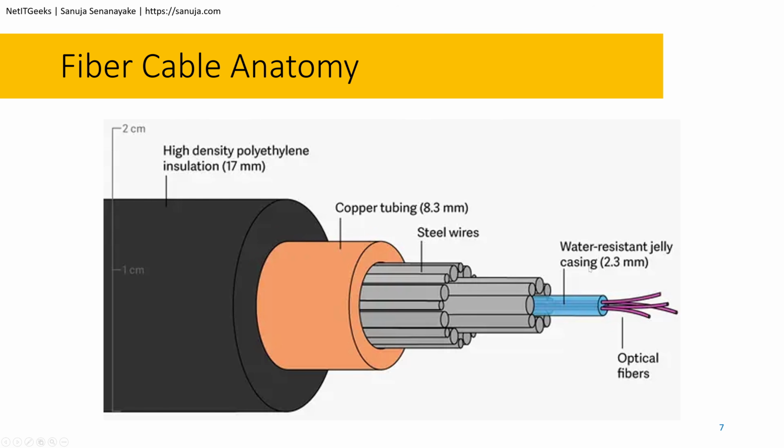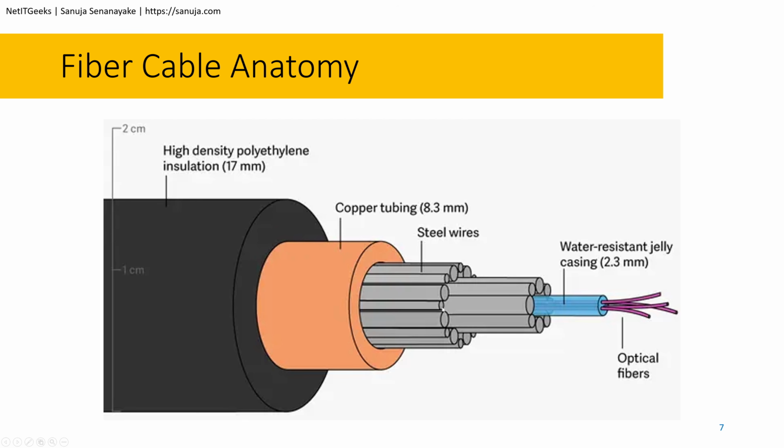So the fibers themselves are less than 2.3 millimeters, but the actual protection and everything put together makes the cable 1.5 centimeters. Unlike copper cabling, we need all of these protections so that we won't break the cables.